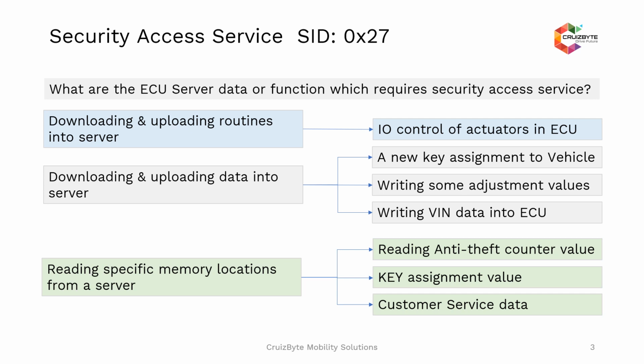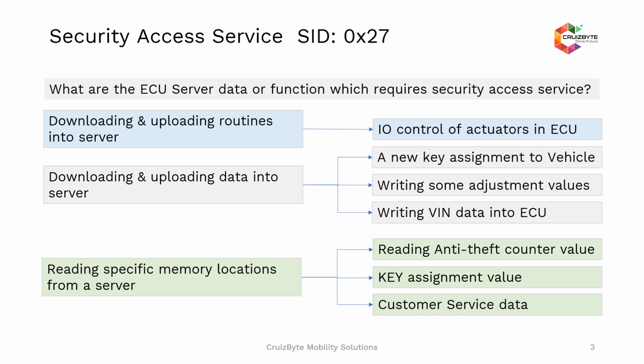The third one is reading a specific memory location from the server. As you can see, reading an anti-theft counter value, which shows how many theft attempts have been made in the vehicle, if you have such a counter in any of the ECUs, or a new key assignment value, or reading back the old key value from the memory, or some customer specific service data from any of the ECU memory locations.